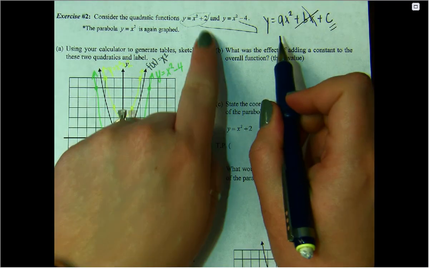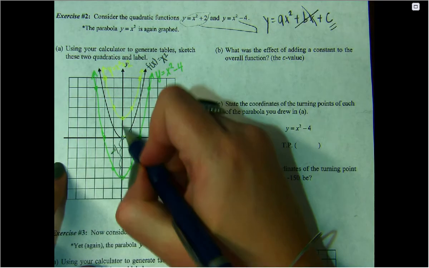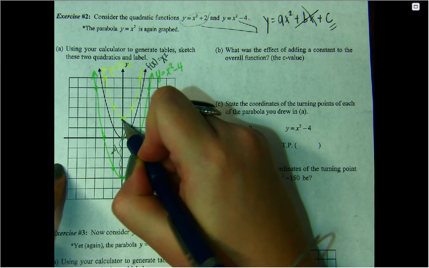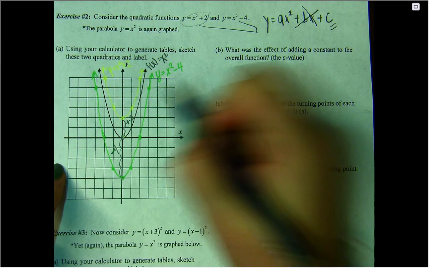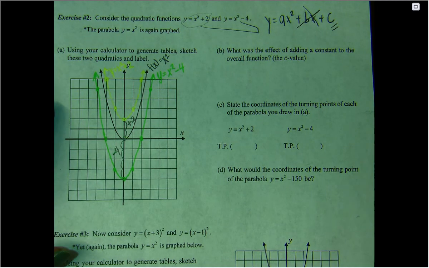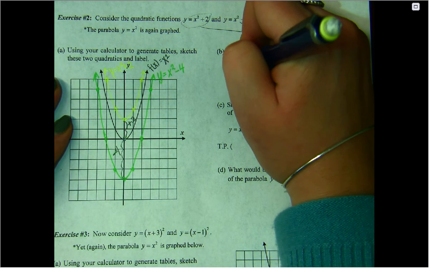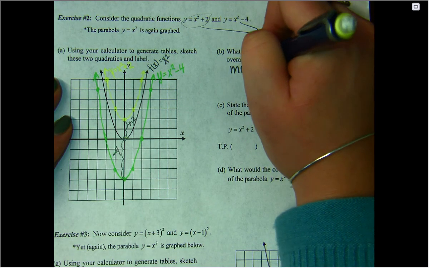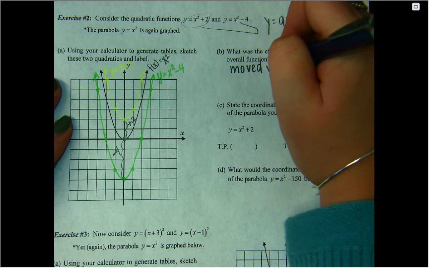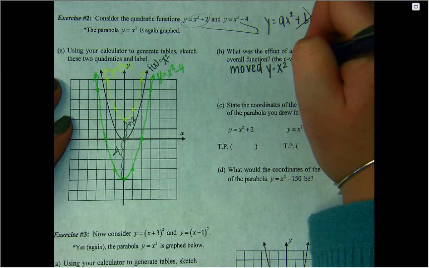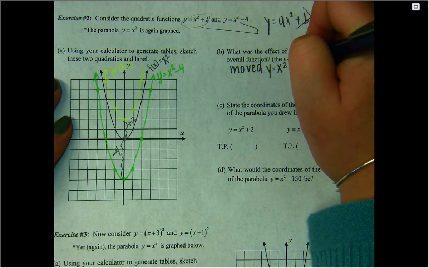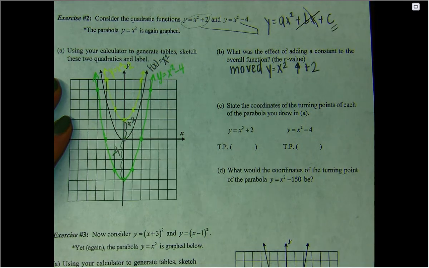Okay, well, what happens when I added 2? How did I move up from my parent function? Okay, well, when I added 2 as a constant, it moved the graph 2 units up. Okay, it moved y equals x squared up 2 units.